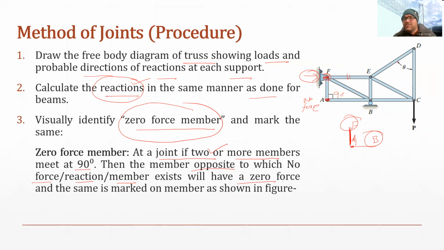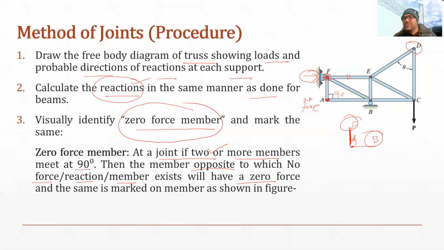Similarly, if we consider joint D, although joint D is not at 90 degrees, visually we can see that members ED and DC are just provided in this truss for stability purposes only. Members ED and DC will not be experiencing any force because, if we consider joint D, opposite to ED there is no force.